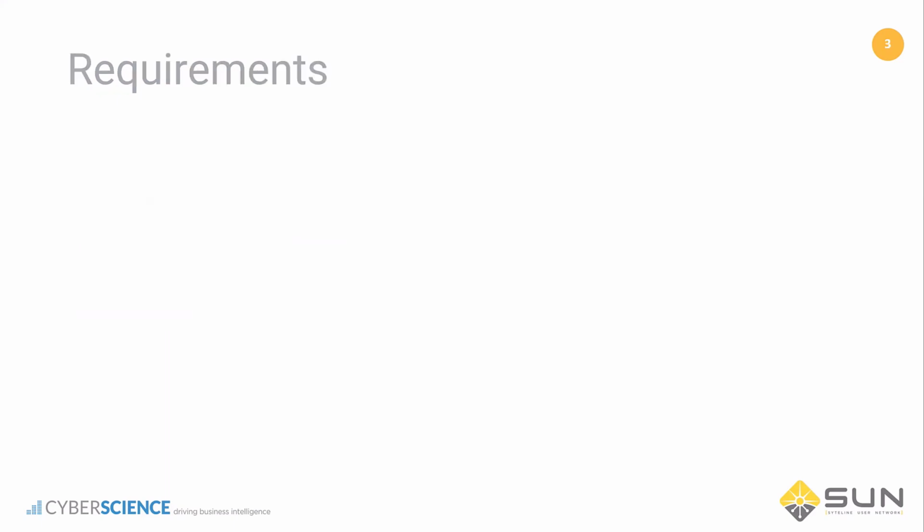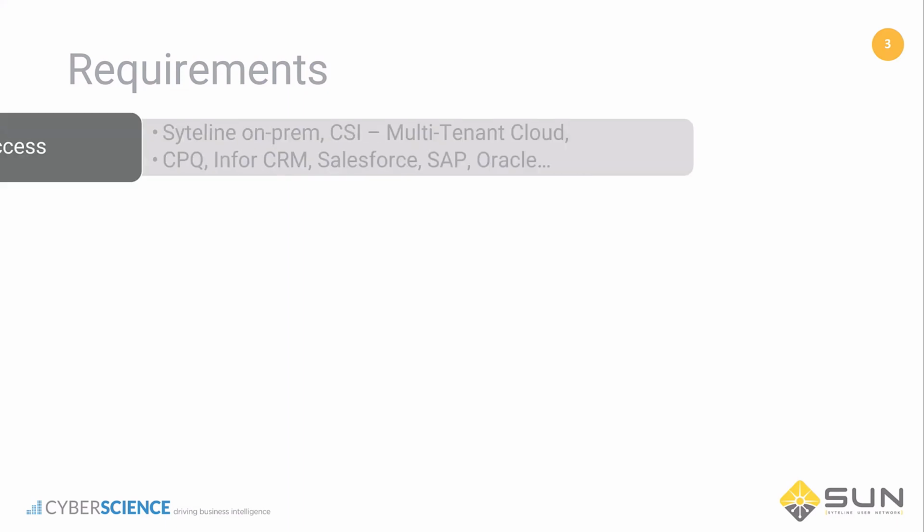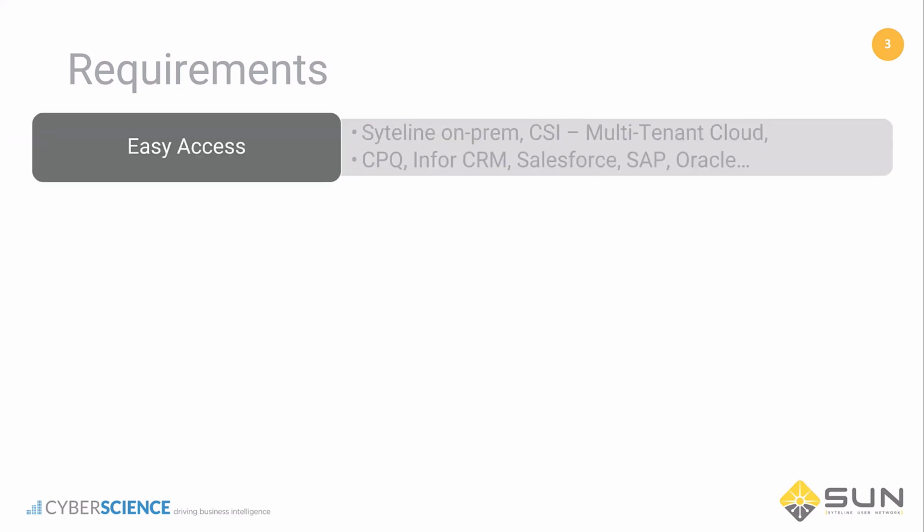Okay, but requirements. When we talk to customers, the number one thing we hear from SyteLine or CSI customers is that they want easy access to their data. Whether it's SyteLine on-prem, and this can be any version of SyteLine going all the way back to Cymex 4, whether it's Progress or SQL Server data, no problem. CSI multi-tenant cloud, again, no problem.